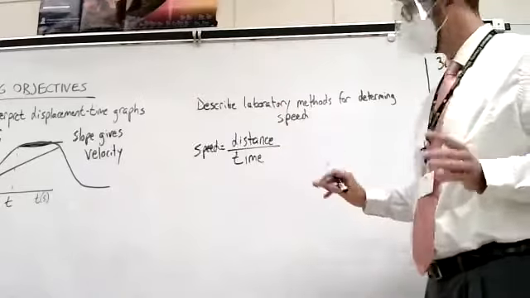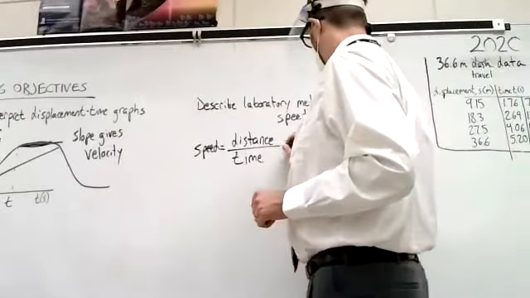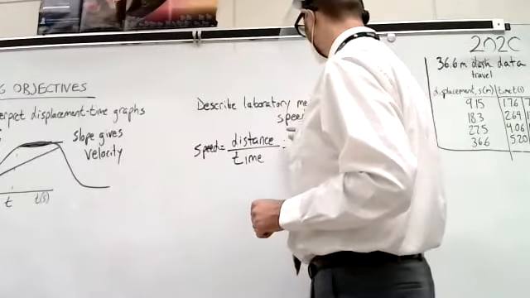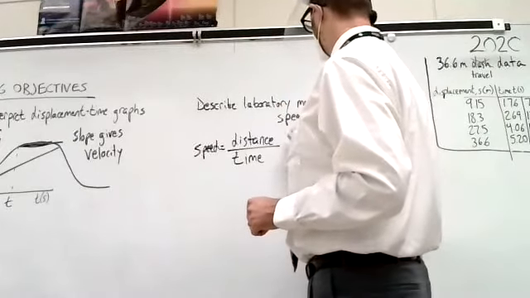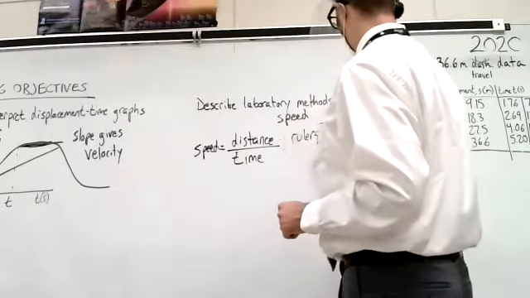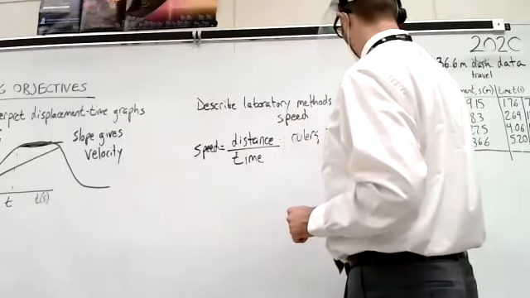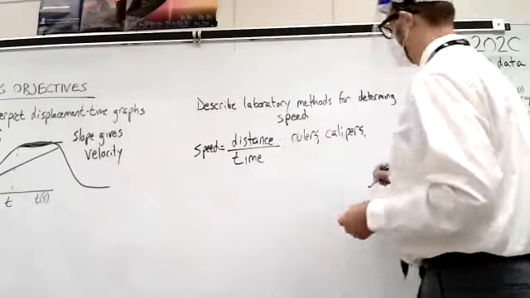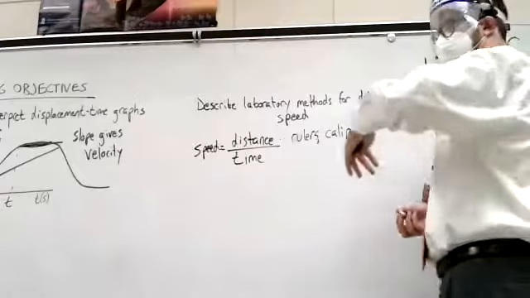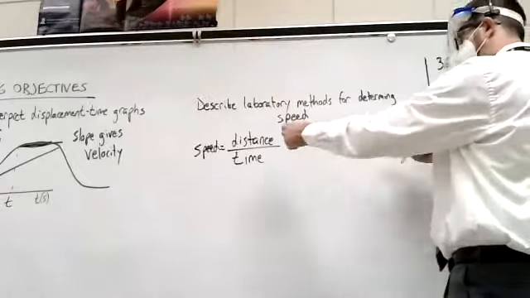So one way to do it: rulers, calipers, tape measure, right? Like a 40-yard marker. So some way to measure distance.